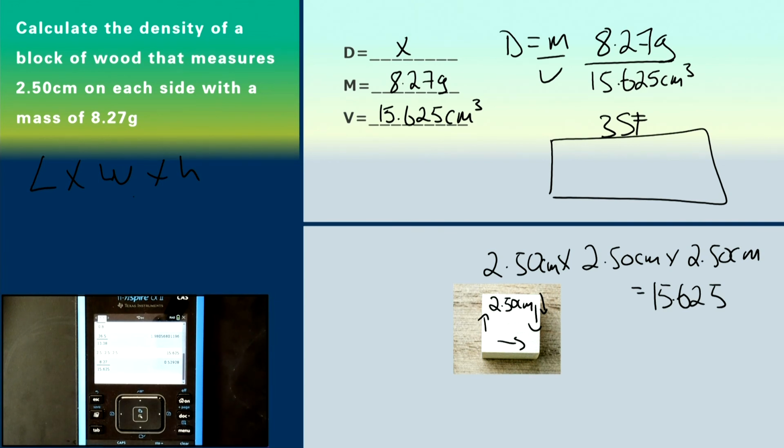So my answer will be 0.529 grams per centimeter cubed. So again, every time you look at a number and you have to determine how many significant figures it has, that in essence is factoring in to your final answer. It has to match.